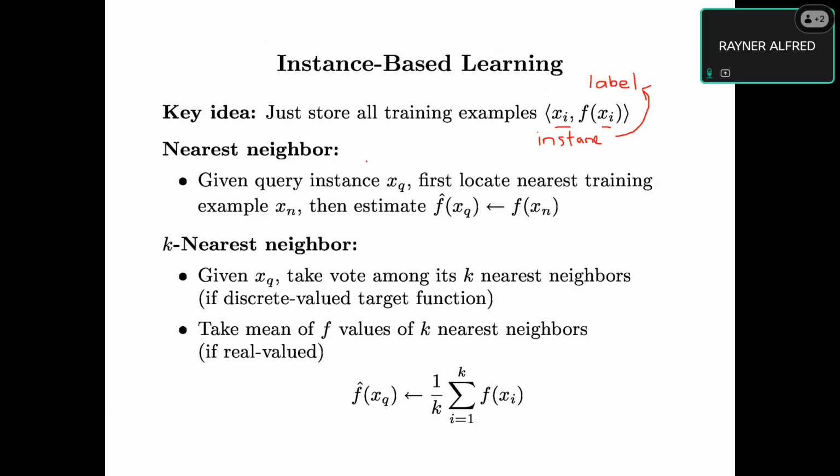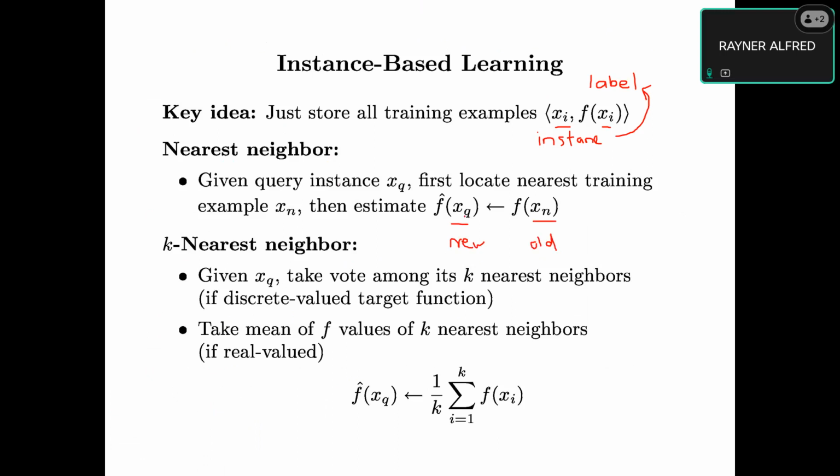The idea of the nearest neighbor is we want to know how similar this new item is to the data stored in the database, which is the old data.